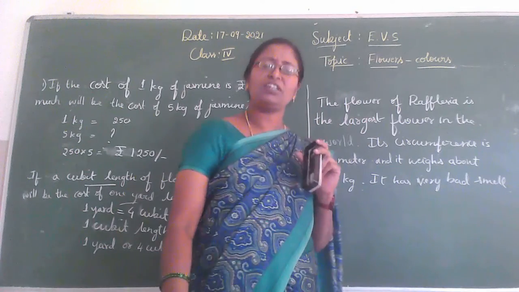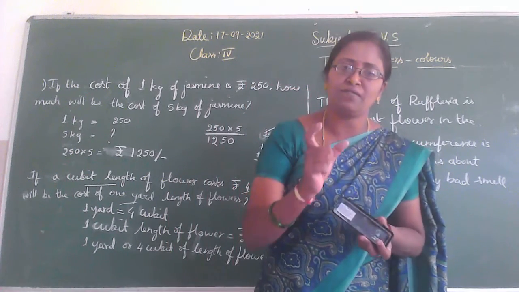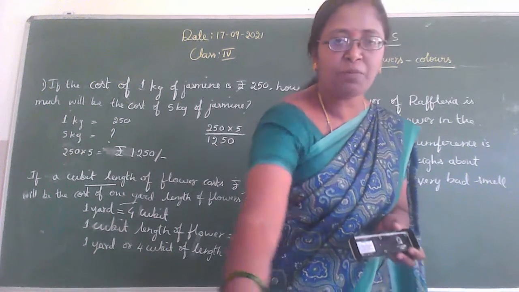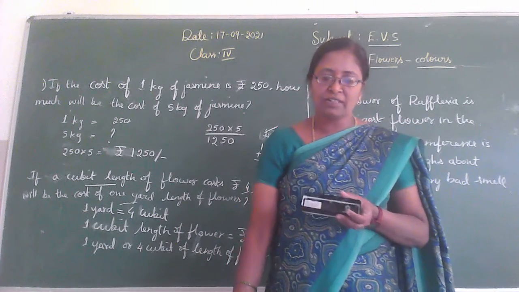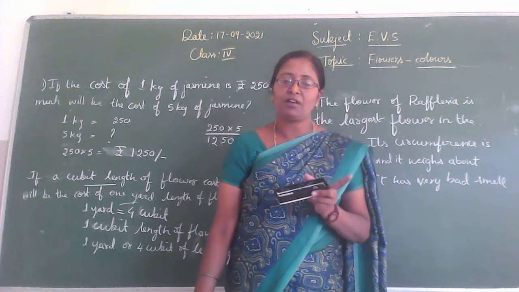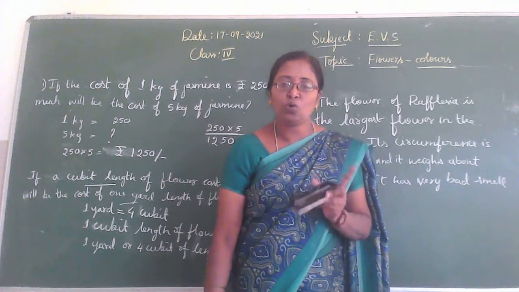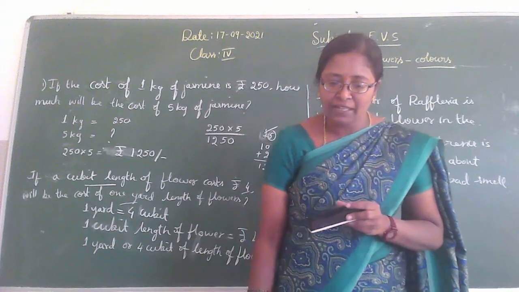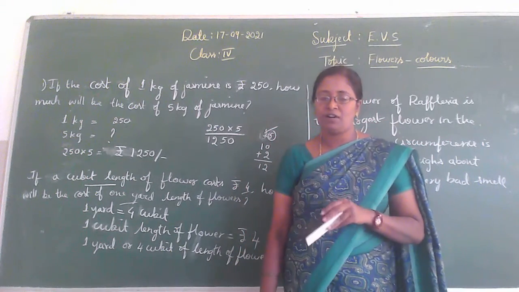Okay. So then children, tell me which is the smallest flower in the world? The flower of Wolffia. Have you heard about the name Wolffia? It is a water plant. It is a plant that grows in the water. A water plant of India. It is the smallest flower.